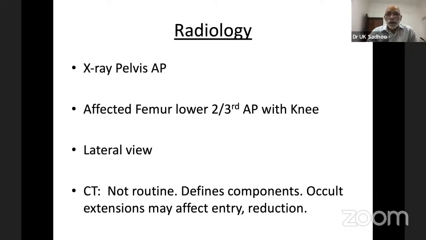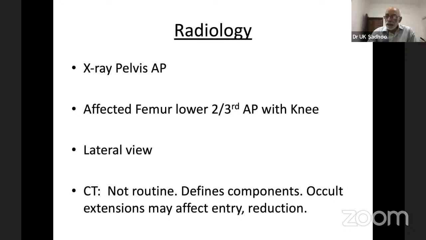In radiology, you need a pelvis anteroposterior X-ray to see both the hips, and you have to have an AP of the rest of the femur with the knee included. This is for two reasons: A, to see the distal extension, and B, to see if there is any previous implant or surgery which may not have been noticed in the pure AP pelvis X-ray, because it could affect our type of fixation.